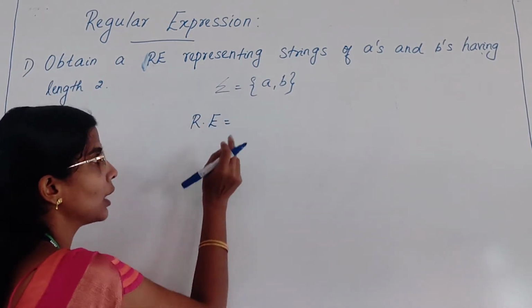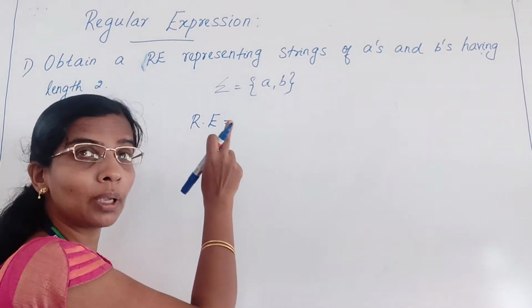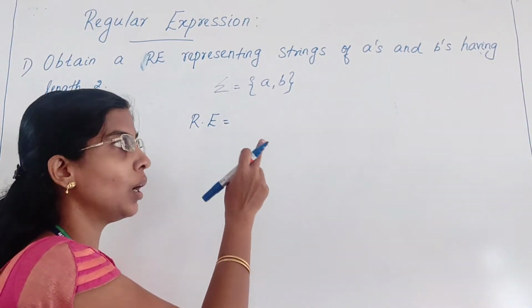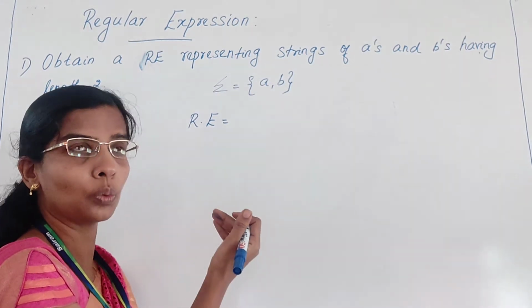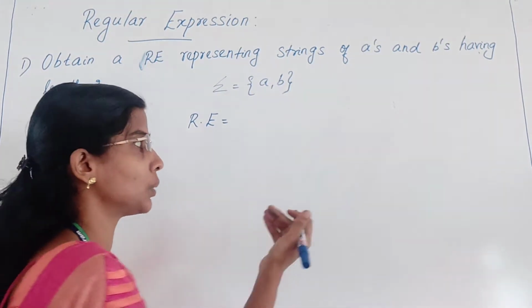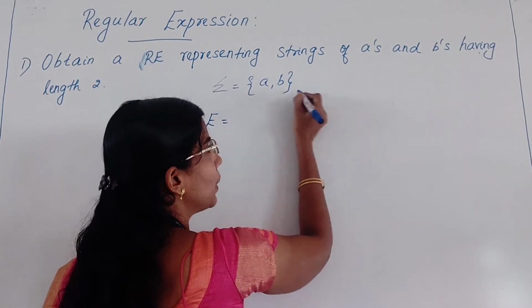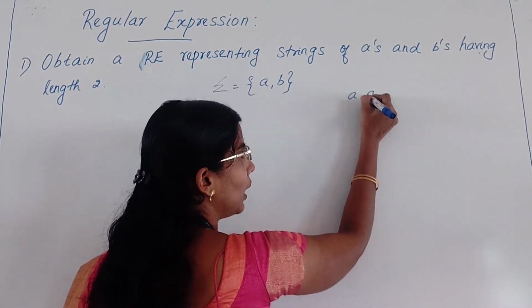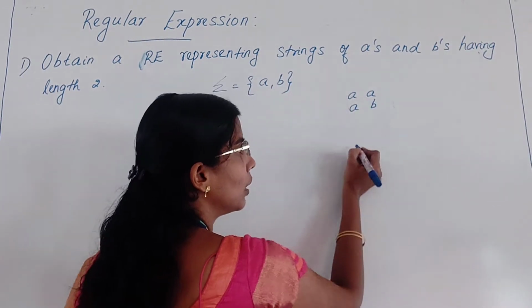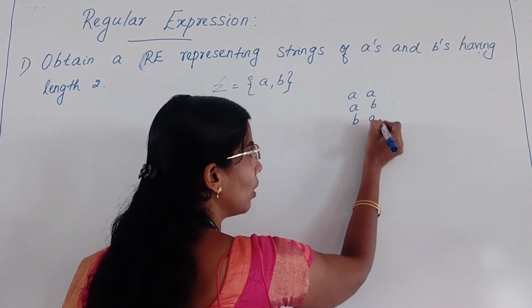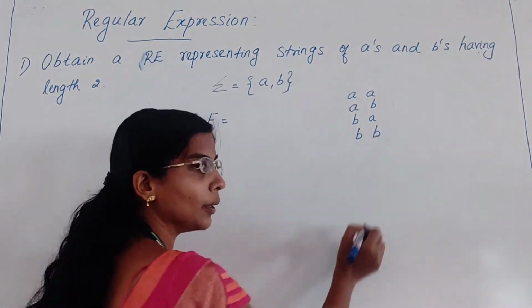If my sigma is A and B, what are the possible strings with length 2? My sigma is A, B. So I can have AA, AB, BA or BB.